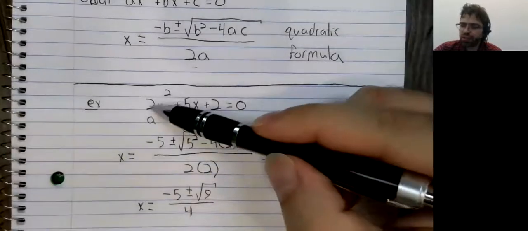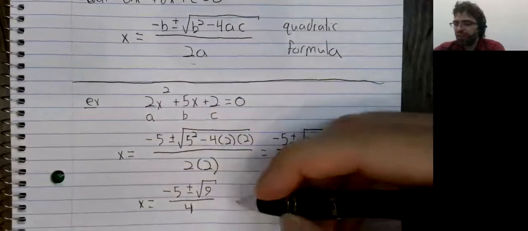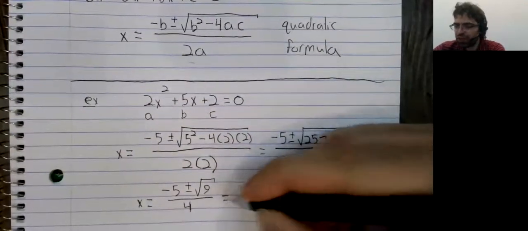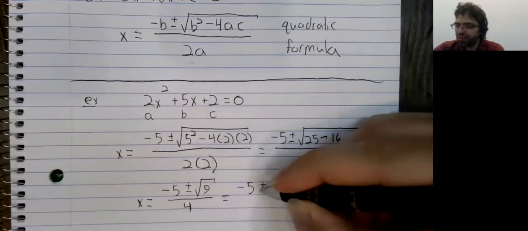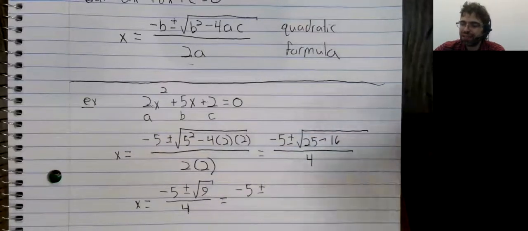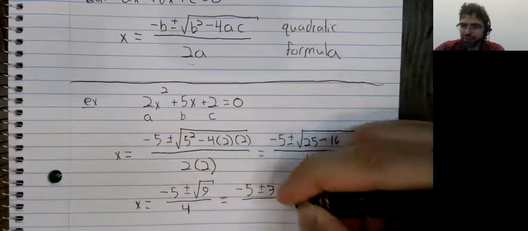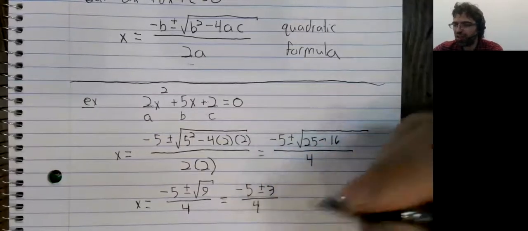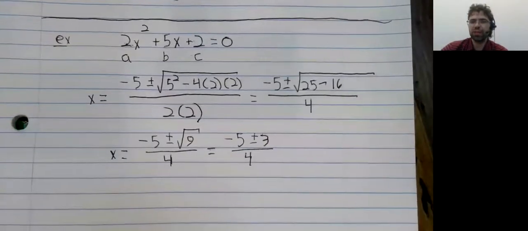By coefficients, I mean this a, this b, and this c. But I seem to have lucked into quite a nice situation. The square root of 9 isn't some kind of ugly decimal. It's just 3. Usually the quadratic formula is going to give us decimals.